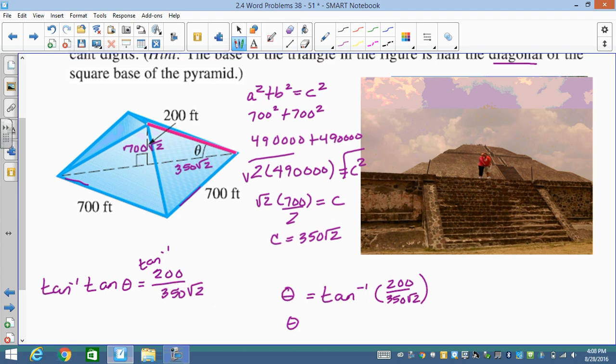If you cleaned it up, it would be 2 radical 2 over 7, but we're not going to clean it up. We're going to throw this straight into the calculator, 200 divided by 350 radical 2.